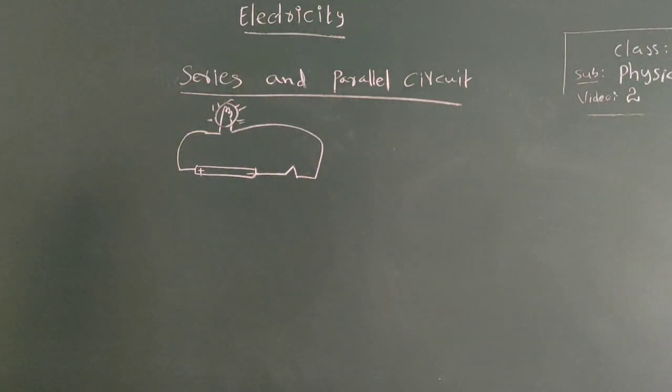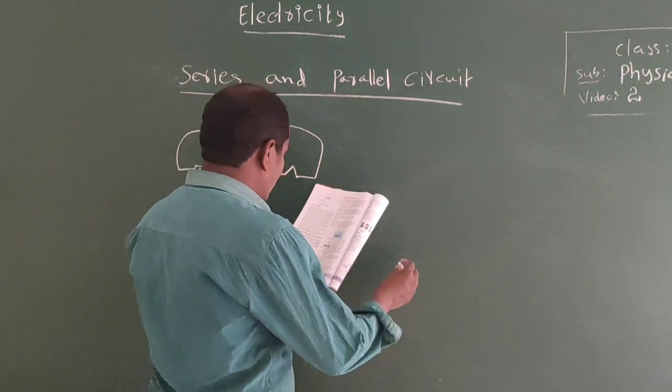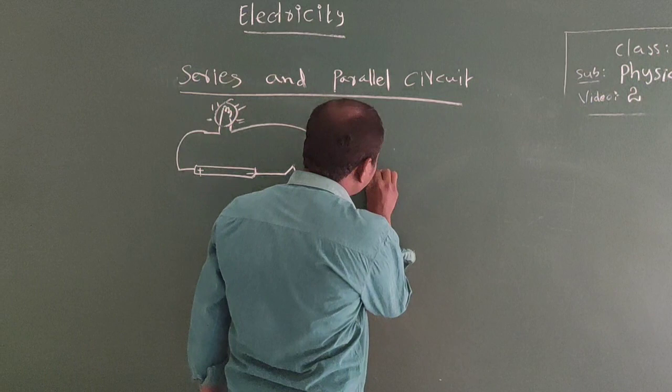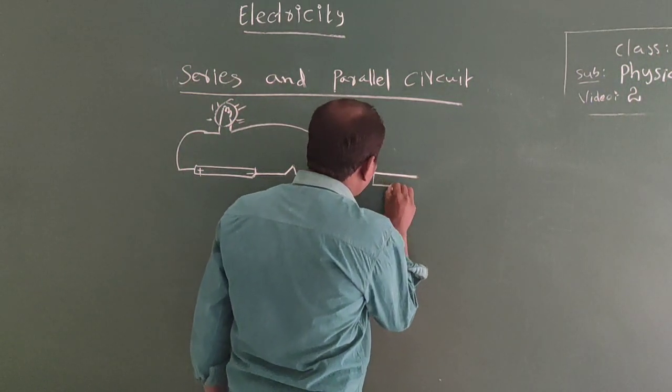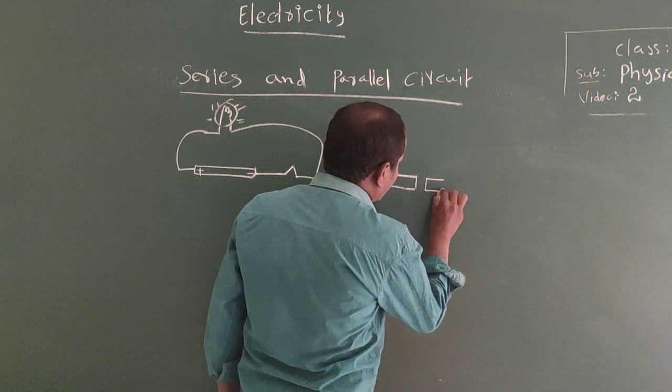Now let us take more than one dry cell and connect two cells as shown in the figure on page number 66. Now we have two cells. One is one cell, and this is another.